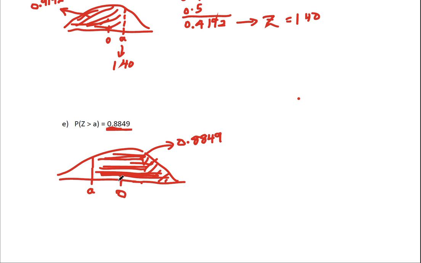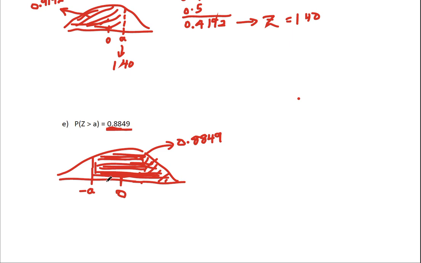Because of that, we know that A is going to be a negative value, because 0.8849 is larger than 50%, or 0.5, and we're finding the probability that Z is greater than A. We need a bigger area than 0.5, which would only be from 0 to the tail.